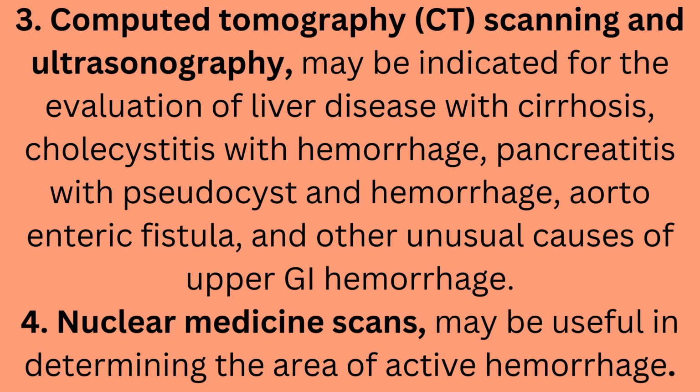Computed tomography, CT, scanning and ultrasonography may be indicated for the evaluation of liver disease with cirrhosis, cholecystitis with hemorrhage, pancreatitis with pseudocyst and hemorrhage, aortoenteric fistula, and other unusual causes of upper GI hemorrhage. 4. Nuclear medicine scans may be useful in determining the area of active hemorrhage.